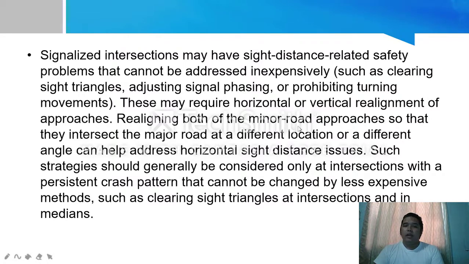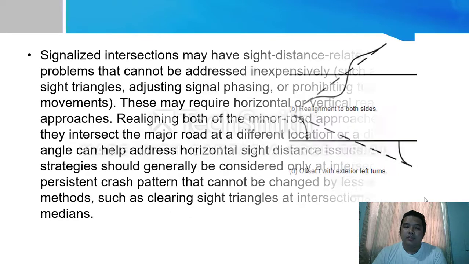Realigning both of the minor road approaches so that they intersect the major road at a different location or a different angle can help address horizontal sight distance issues. Such strategies should generally be considered only at intersections with a persistent crash pattern that cannot be changed by a less expensive method, such as clearing sight triangles at intersections and in medians.